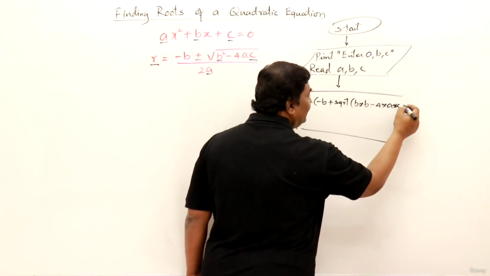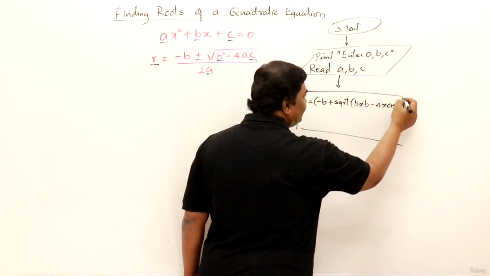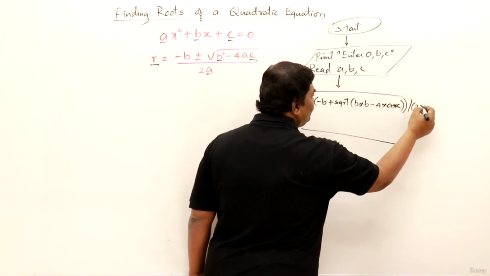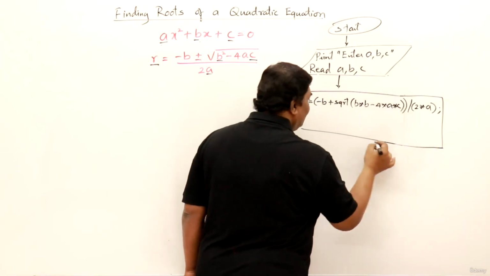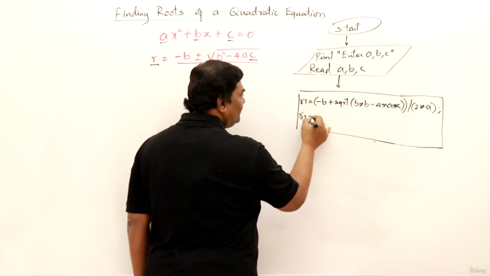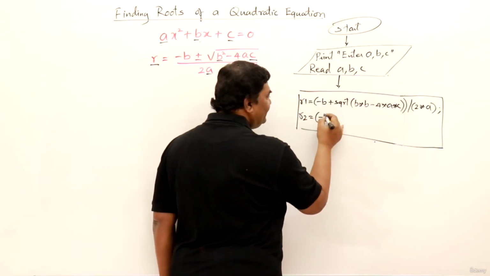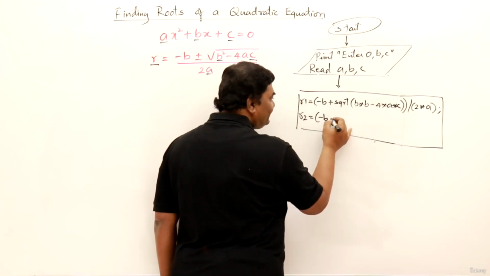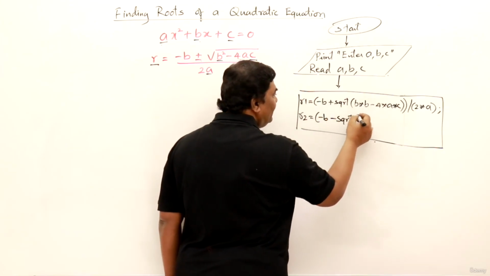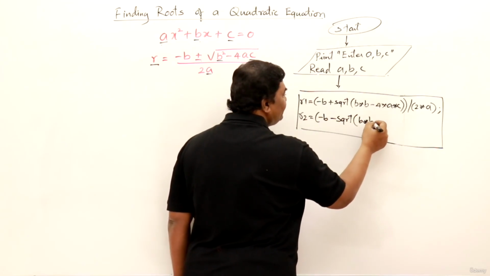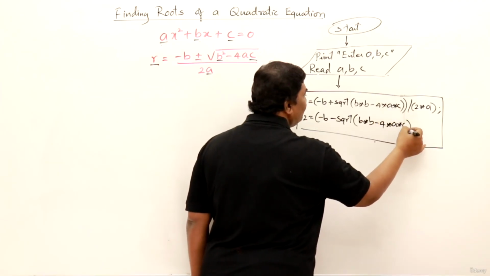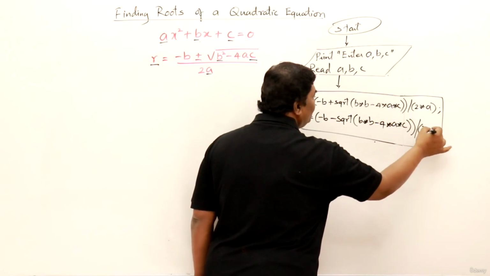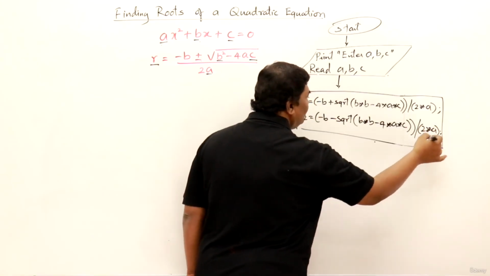Then this whole thing should be divided by 2 into a. Yes, this is the first one. In the same way root 2, everything is the same, minus b, but instead of plus it is minus sqrt of b into b minus 4 into a into c, then divided by 2 into a.